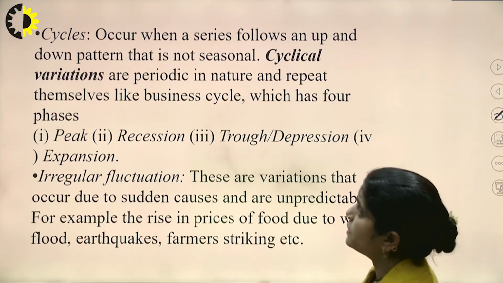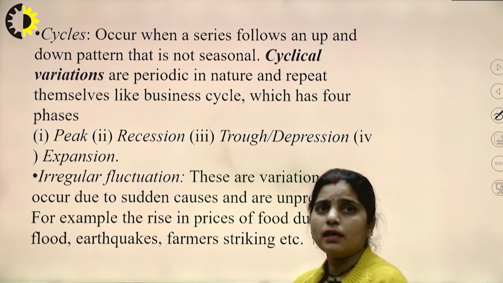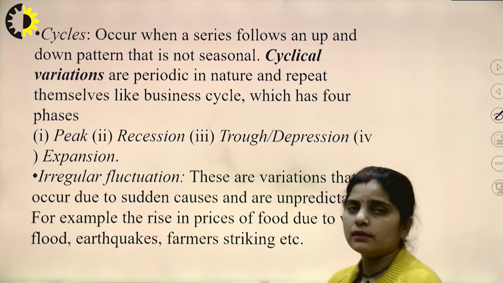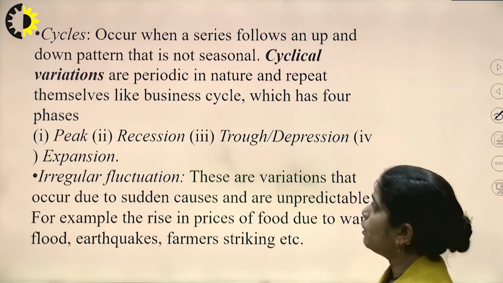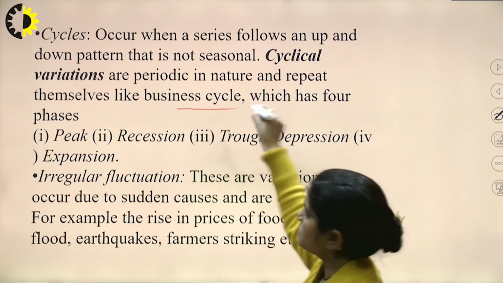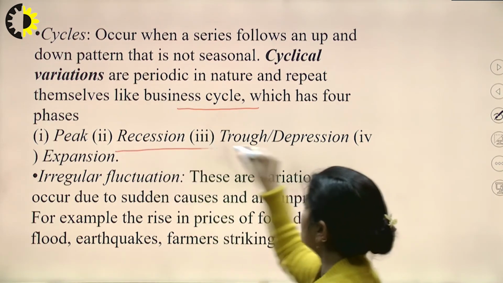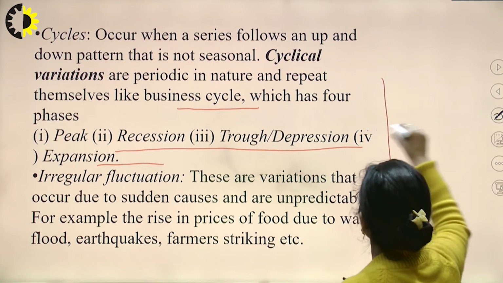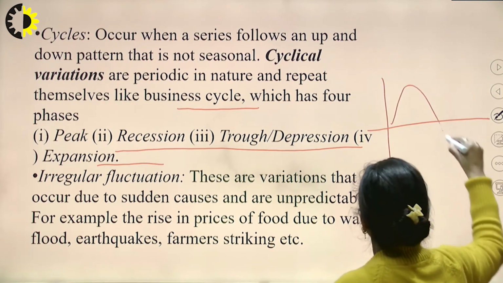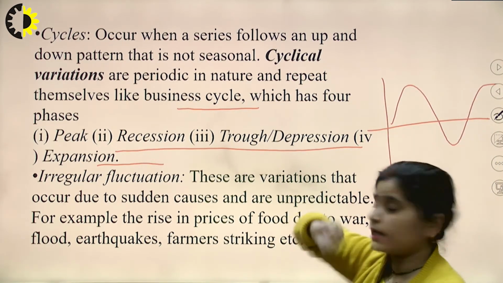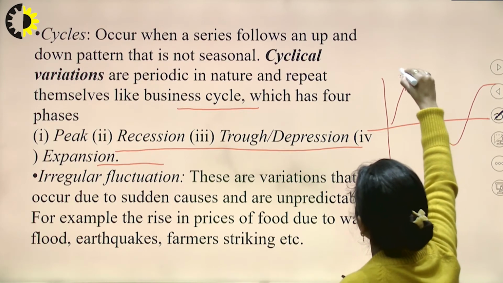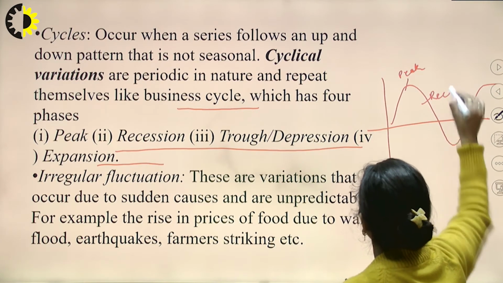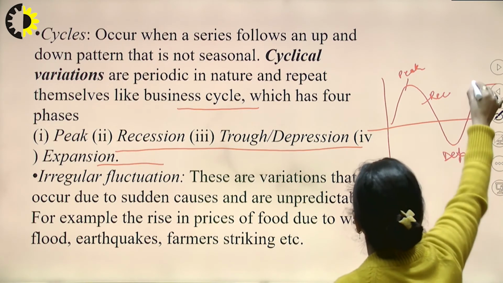Next one is cycles. So the variations in the data occur due to cyclic variations also, and these cyclic variations are of the business cycles, which comprise the peak, recession, depression and expansion. Suppose this is a normal line. So this graph represents the business cycle. Here this is the peak, here this is recession, and this is depression, and this is expansion.